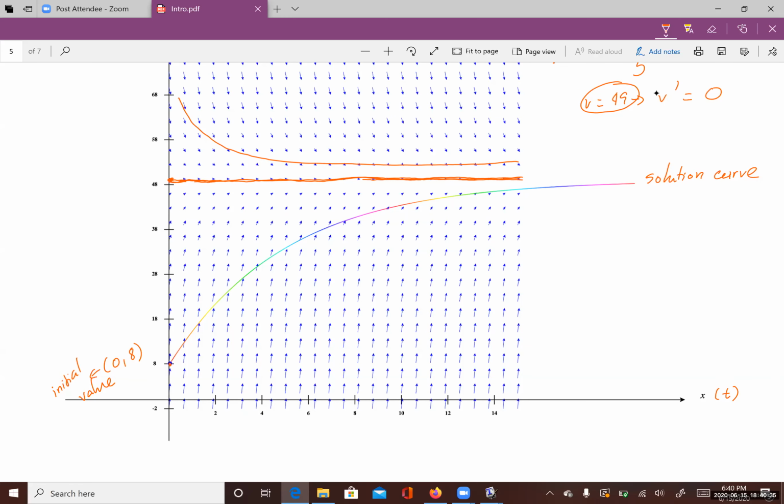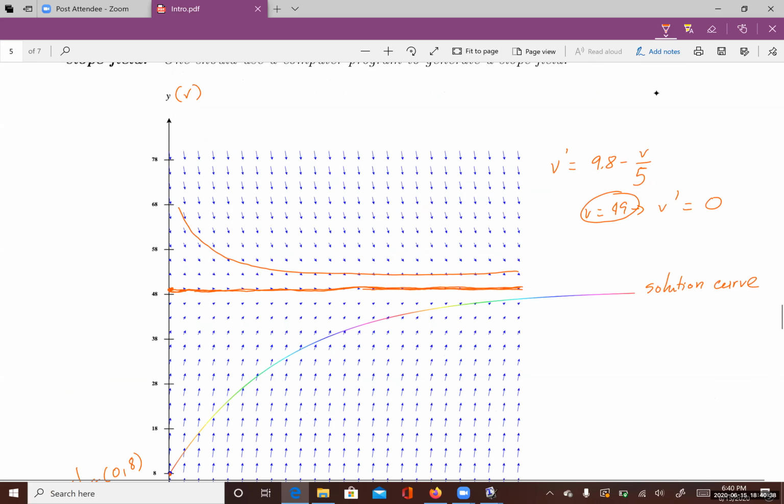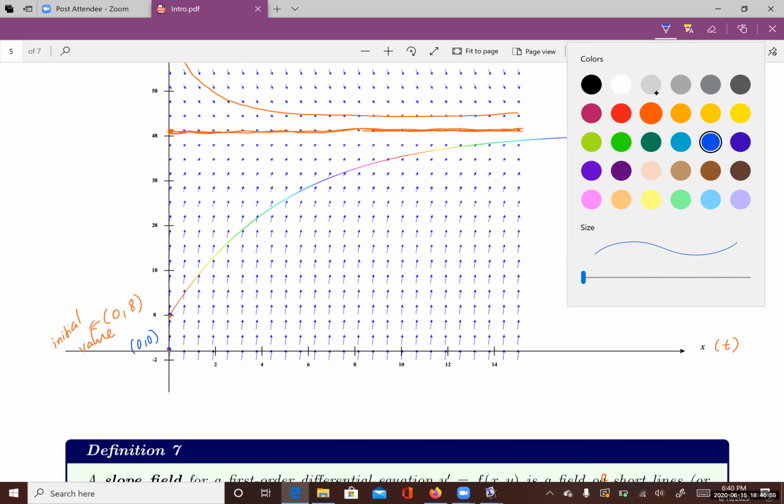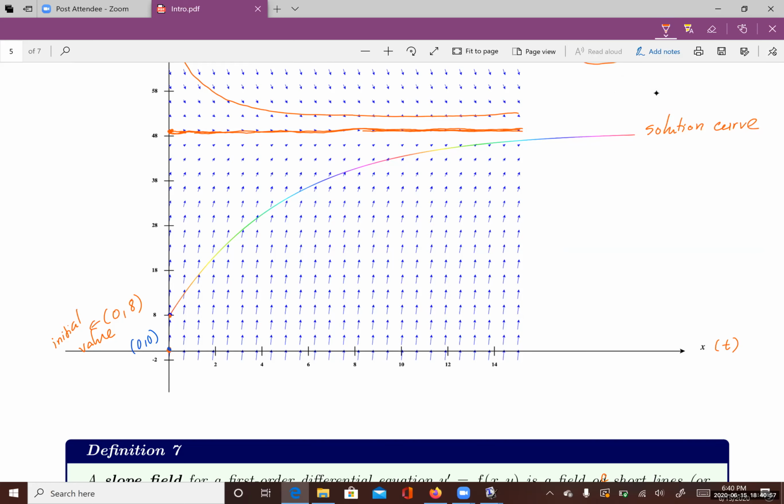All right, you have a solution curve right here. And remember, in this example, we just drop an object. That means the initial point we start is when t equals 0 and v equals 0. This is our initial value, and the solution curve here should look something like this.